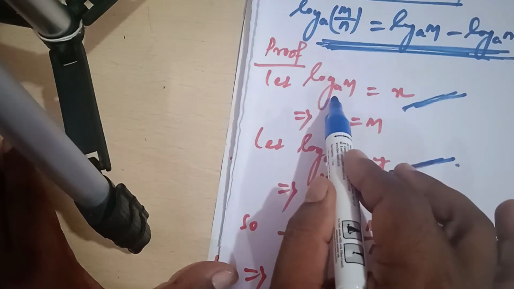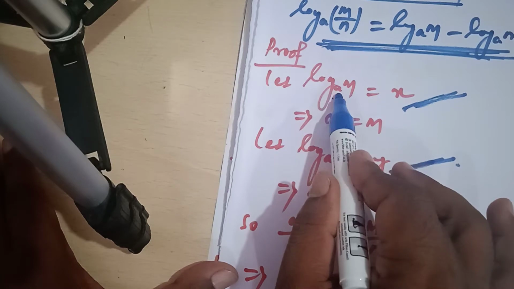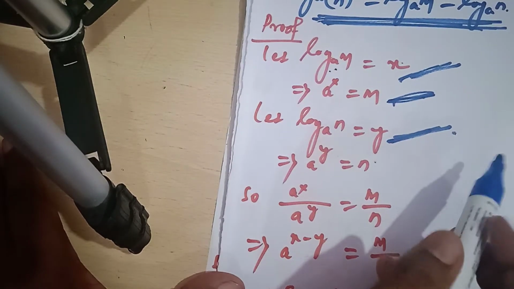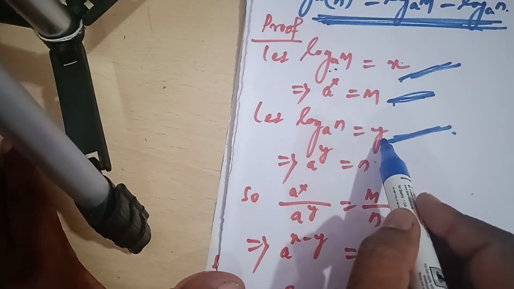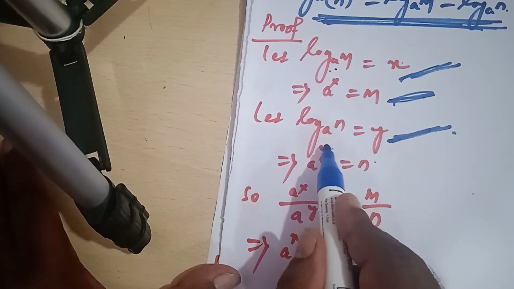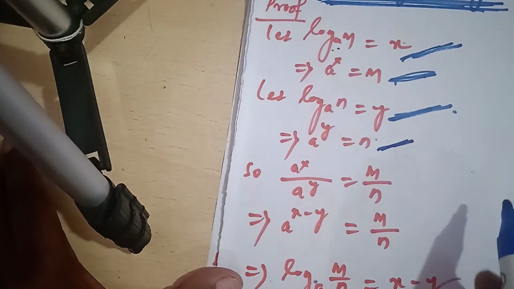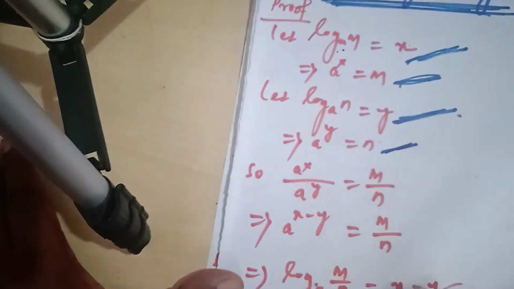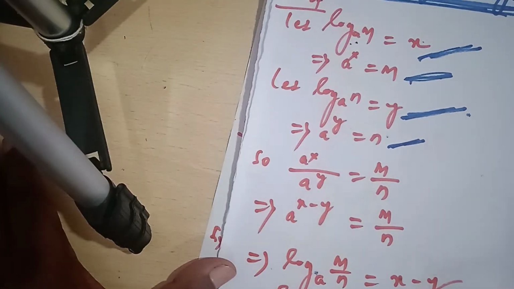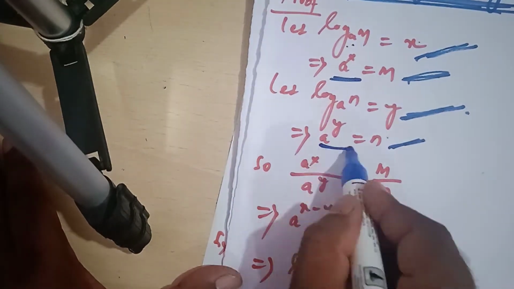If log m to the base a is equal to x, it implies that in exponential form a to the power x is equal to m. If log n to the base a is equal to y, then in exponential form a to the power y is equal to n. As it is division law, I have two things: a to the power x and a to the power y.